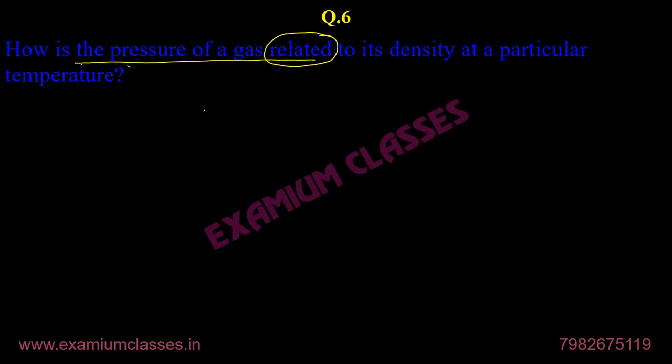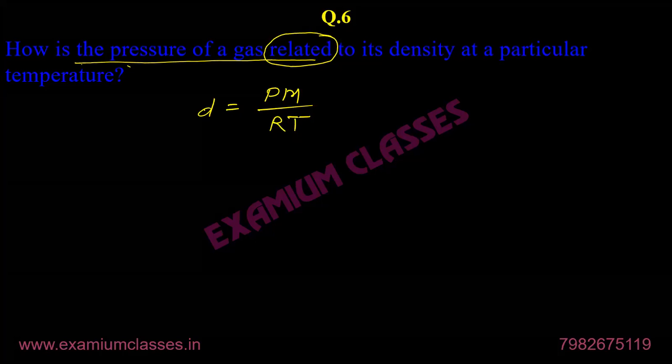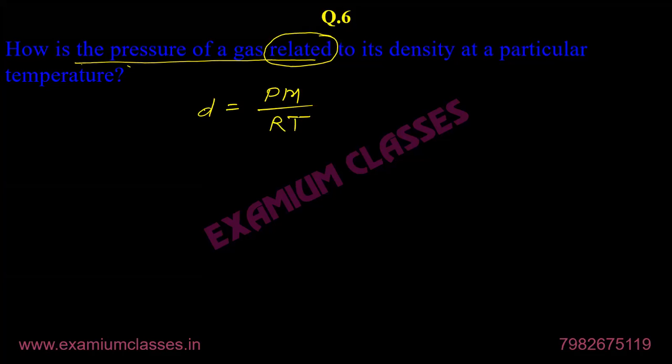Now, most of you are giving me the answer which is correct. Density is equal to P multiplied by M divided by RT, where they have their usual meanings: pressure, molar mass, temperature, gas constant, density. This D is written as rho also. Whether it is written as rho or D, it is the same thing.